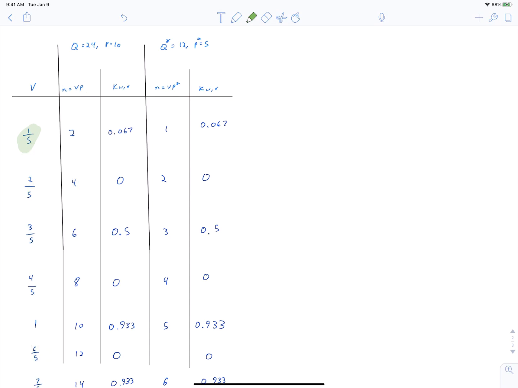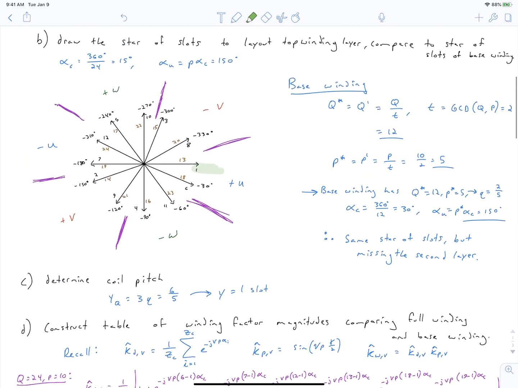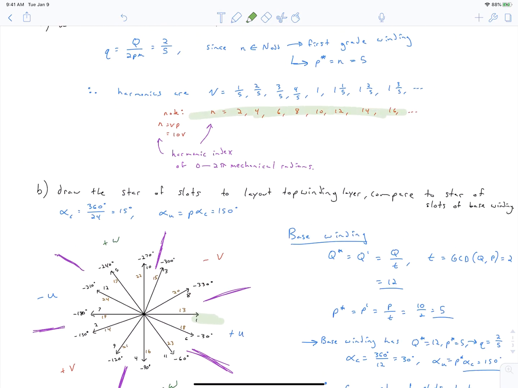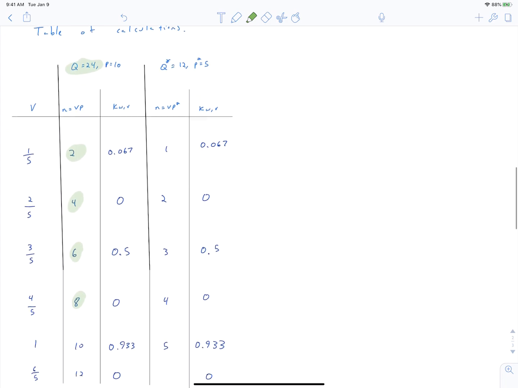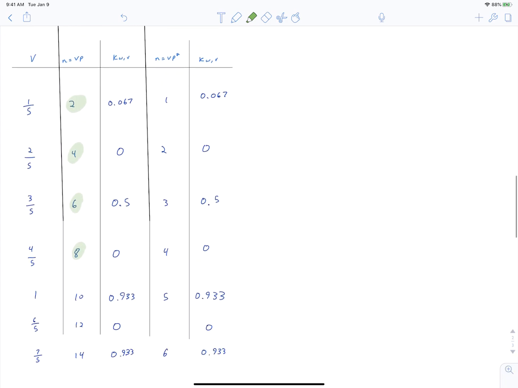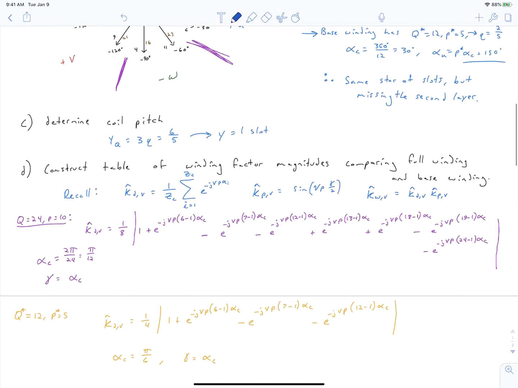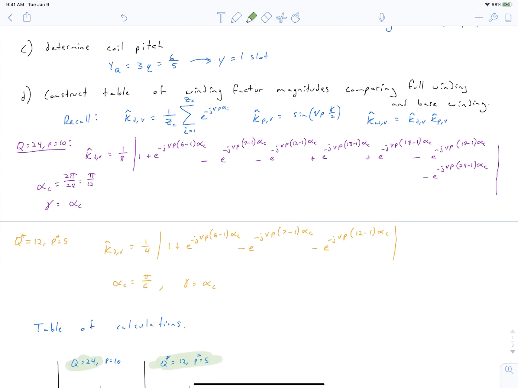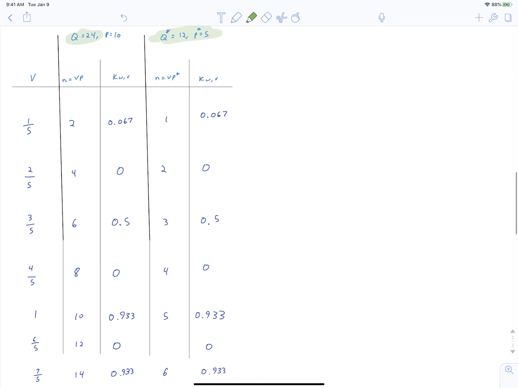So for our 24 slot winding, N was 2, 4, 6, 8, and that matched this up here. And then for our base winding, an equivalent machine with our base winding, we would have N equals 1, 2, 3, 4, 5, 6. And so we plugged in these values for V into our expressions up here, and we get out these winding factors.